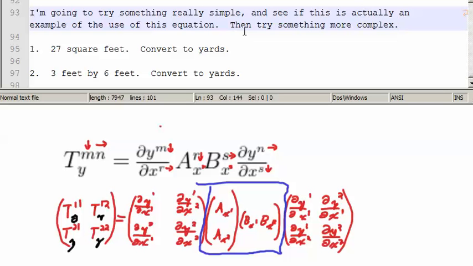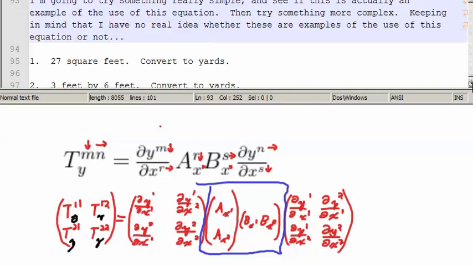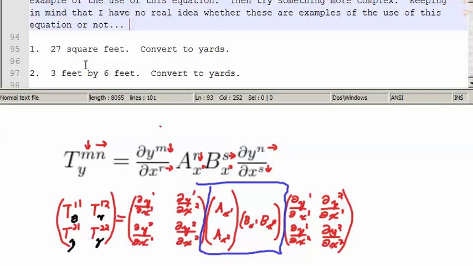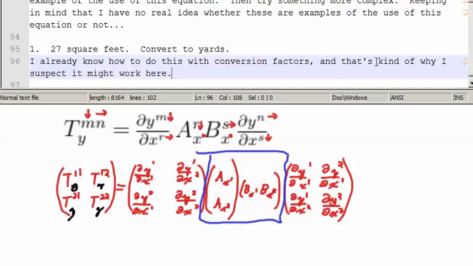Then I'm going to try something more complex, keeping in mind that I have no real idea whether these are examples of the use of this equation or not. I'm going to try to convert 27 square feet to yards. I already know how to do this with conversion factors, and that's why I suspect it might work here, or something at least similar to it.